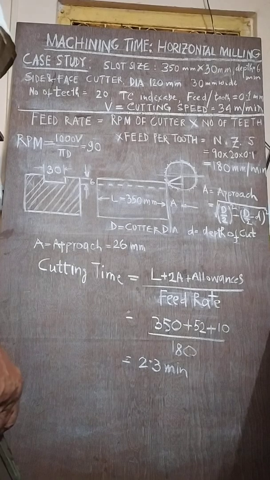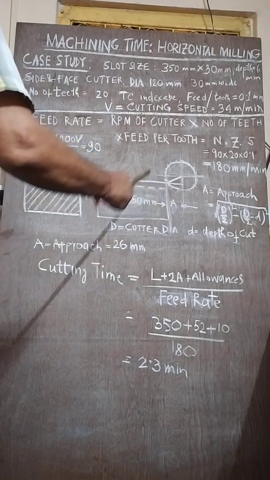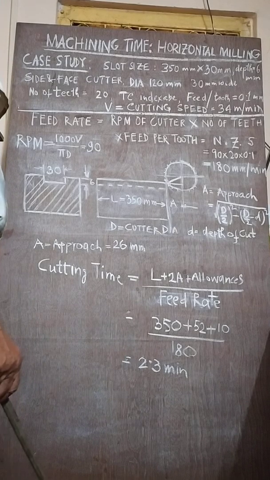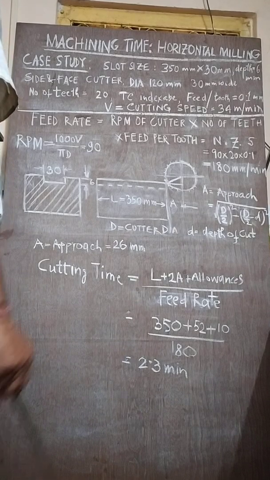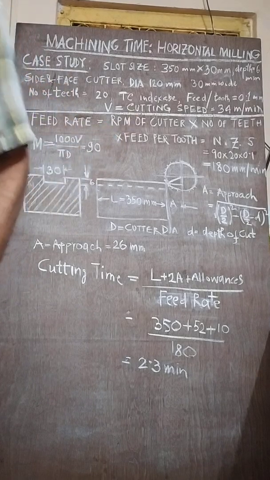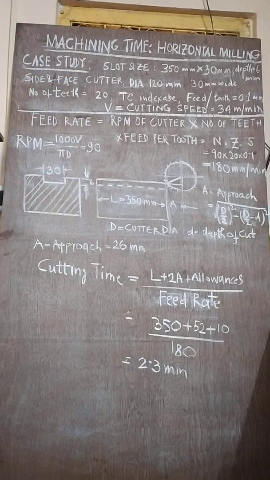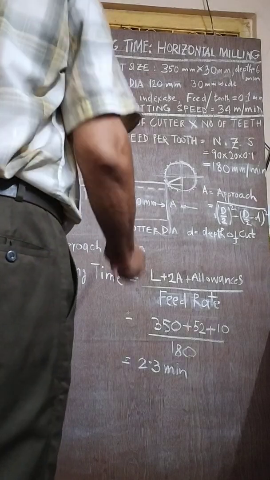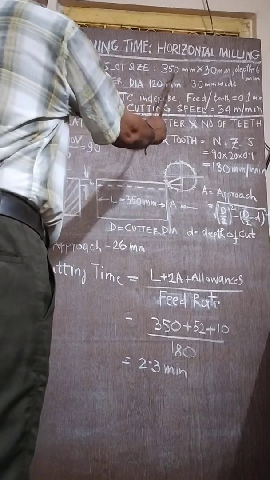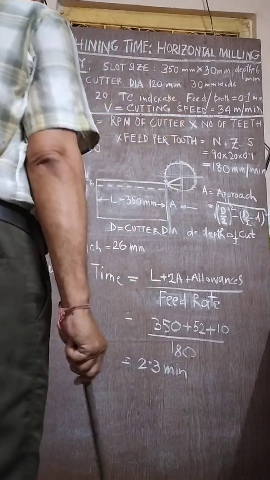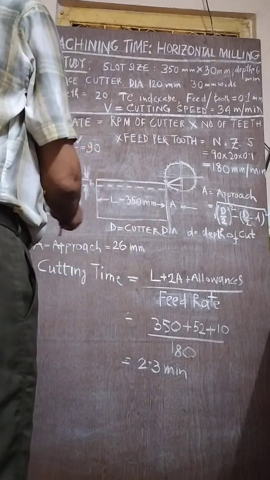That means the spindle of the machine is horizontal, and that is the arbor of the machine. We have taken a case study here where the slot size is 350 millimeter into 30 millimeter, as is evident in this sketch.